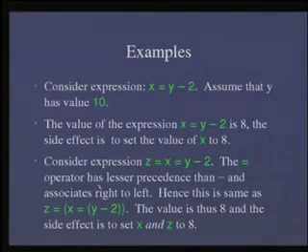As a slightly more complicated example, consider this expression: z assigned x assigned y minus 2. We'll have to first see what this expression really means. The assignment operator has a precedence less than that of the minus operator. We'll see the complete list of operator precedences and associativity slightly later on.